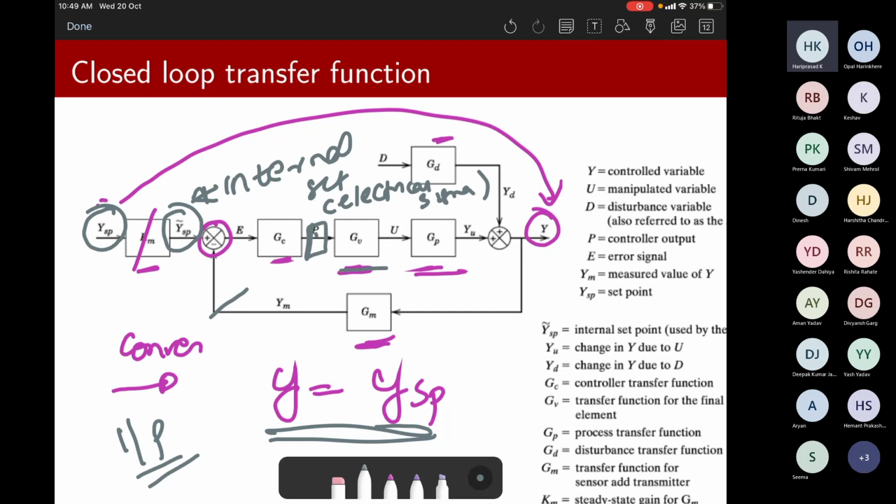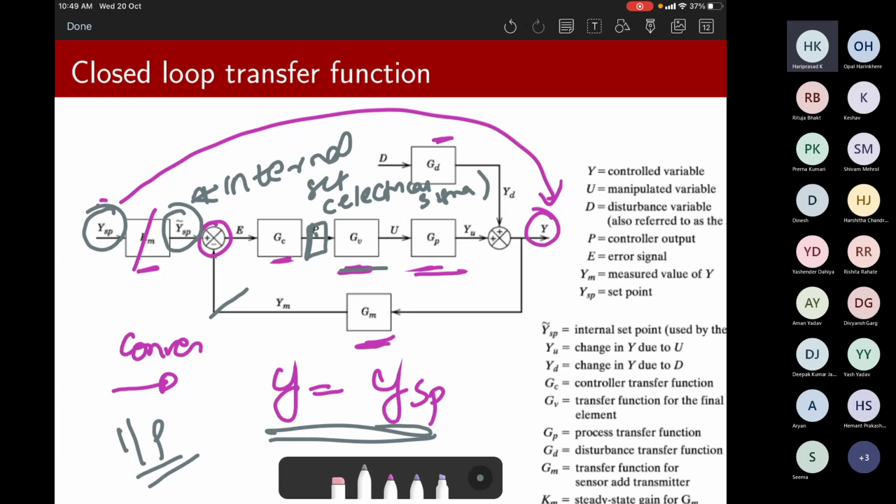So now your overall dynamics is controlled by all of these independent elements, and let's say one fails to perform suitably, your entire control system is affected.